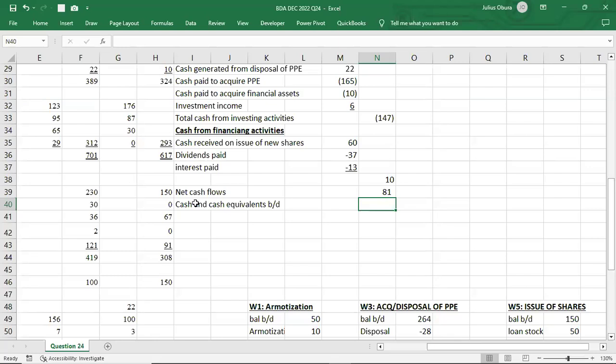Whatever you have not classified as cash from operations from the current asset section, we take it to cash and cash equivalents. And from the liability section, we will have the bank overdraft, which is normally treated as a negative cash and cash equivalent. So we can have our working 9 for that case. Working 9 is going to be for cash.